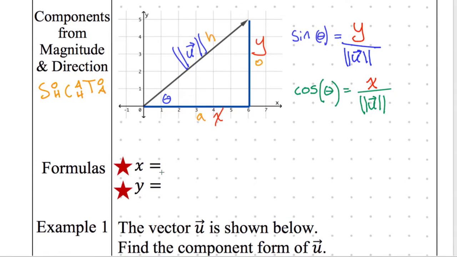So your formula's down here. X is going to be equal to, well, to get x by itself, I need to multiply the magnitude of u to both sides. If I multiply the magnitude of u on both sides, the u goes away, and I'm left with magnitude of u times cosine of theta. Do you see that? Okay, so I'm trying to find x right now. So to find x, I need to multiply both sides here by the magnitude of u.